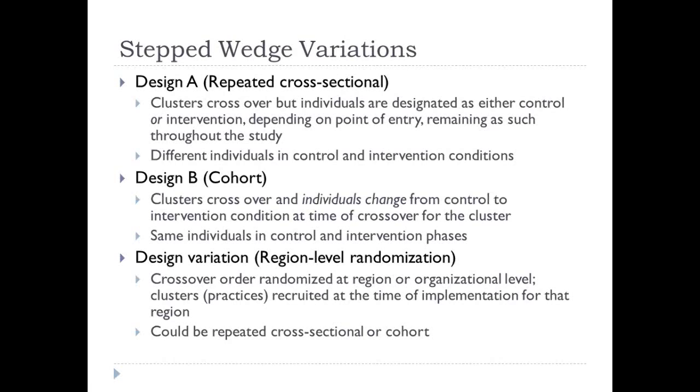So the key feature here is that you have the same individuals in the control and intervention phases of the study, and their condition changes when the cluster crosses over. This has ramifications, obviously. Usually individuals are recruited at the beginning of the study and followed throughout the entire study instead of having a fairly short follow-up time as in design A.